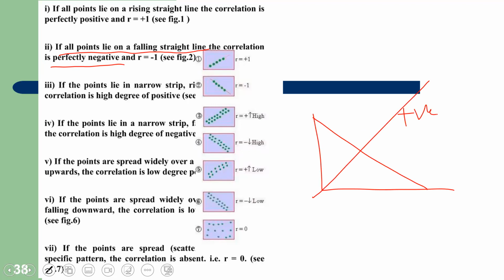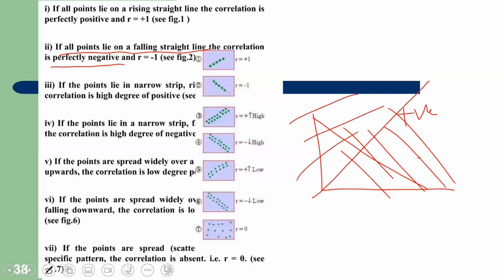Otherwise, lines which come something like this are a positive correlation, and something like this, sorry, a negative correlation. And if nothing exists there, all the points will be scattered and you will not find any kind of relationship between the variables. That is the reason we say there will not be any correlation in those variables.